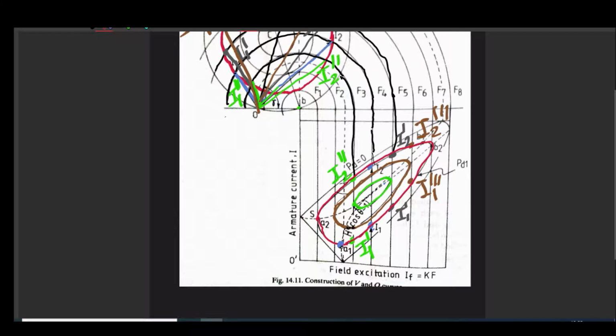And then what is our V curve? The V curve is that if you just cut the O, say this is our O, and then you cut it in this way, then what will you have? Let me draw it.